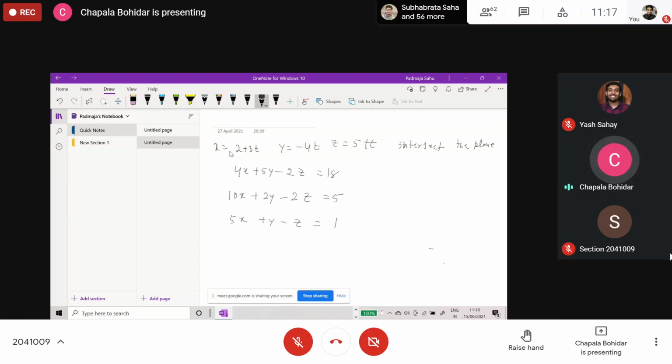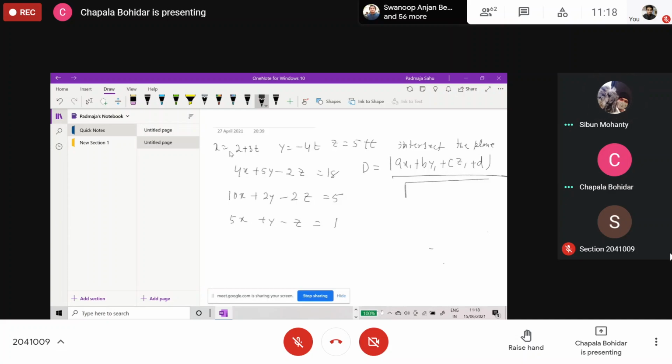These two are parallel planes, one is a scalar multiple of the other. What is your formula? D is equal to the absolute value of (a x1 plus b y1 plus c z1 plus d) divided by the square root of a square plus b square plus c square.